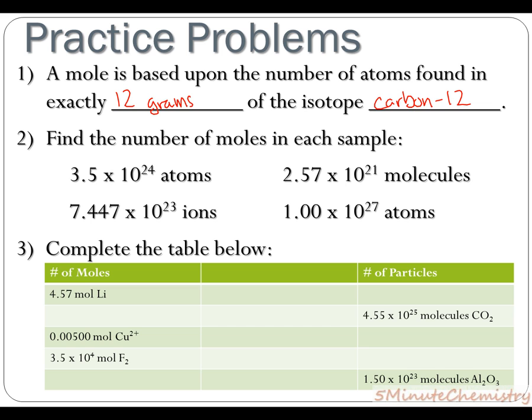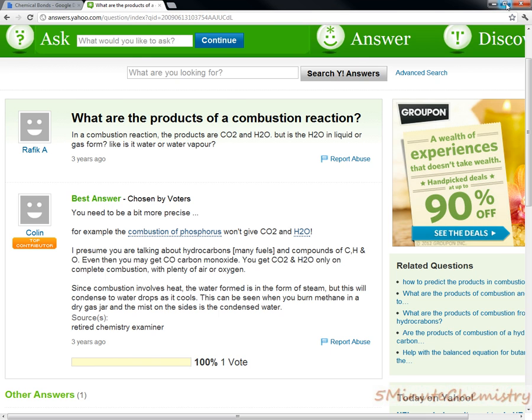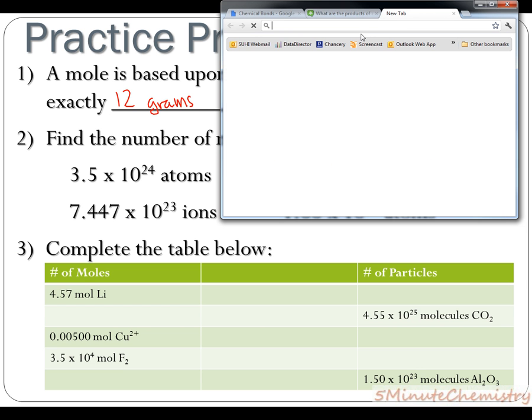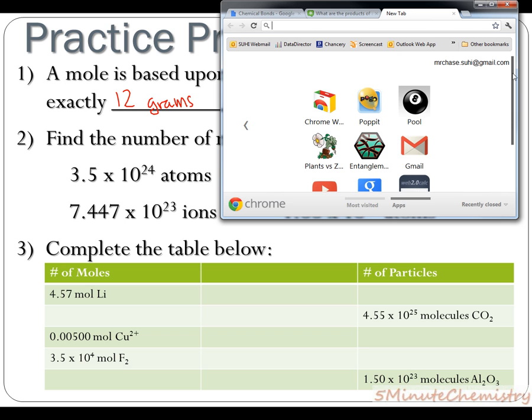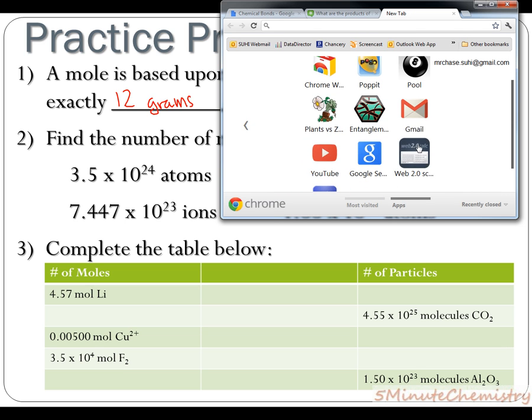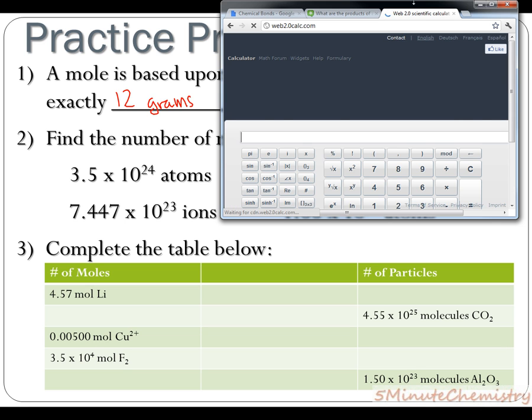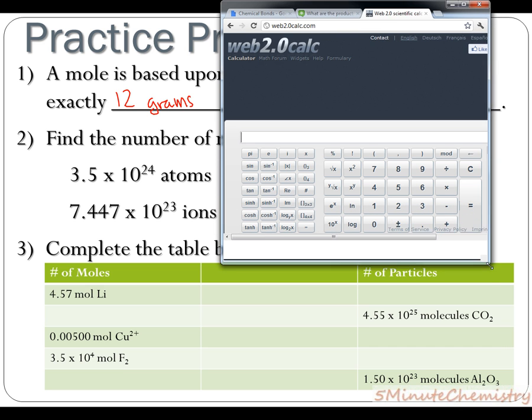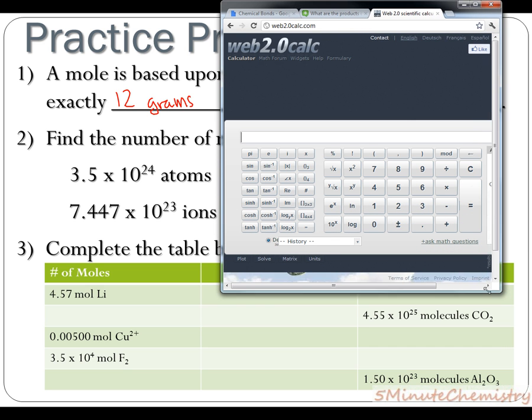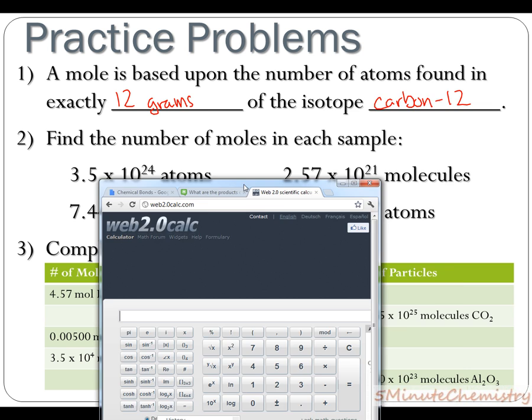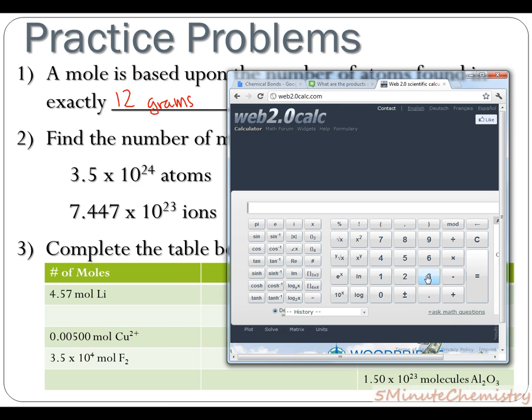So what we're going to do, actually here, I'll do my calculations on here. It kind of helps you to see the specifics. We want to know 3.5 times 10 to the 24, so 3.5 E24 is the notation.